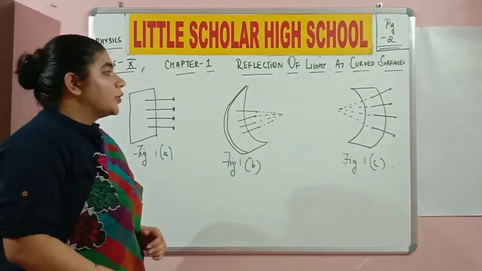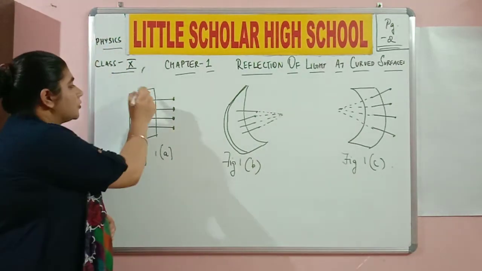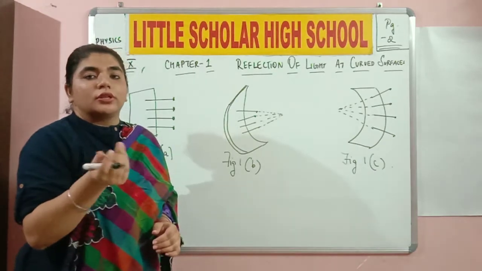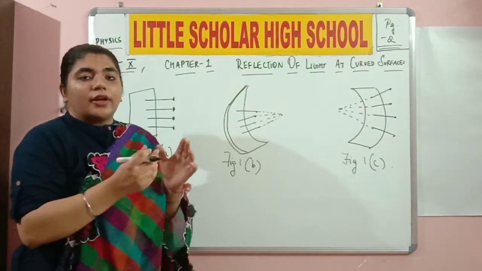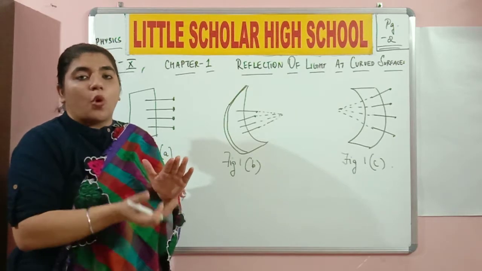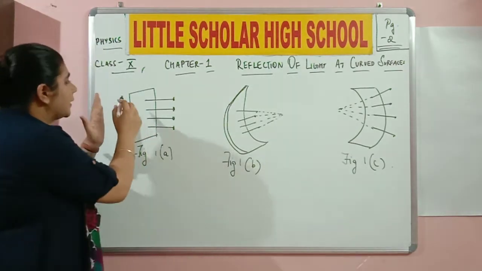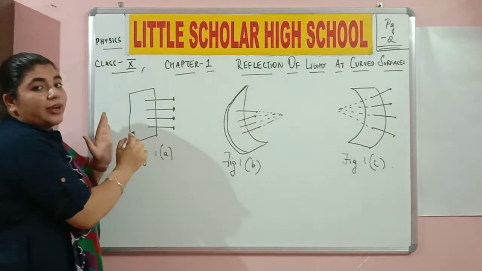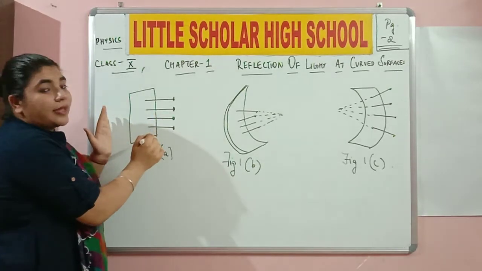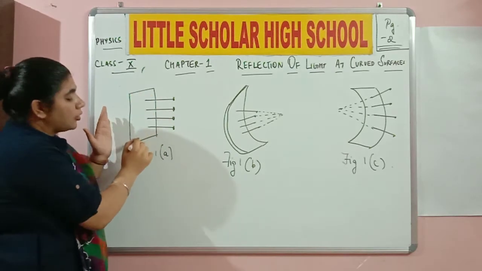Okay class, so here we are taking the sole of your footwear or the slipper that you wear. We are going to consider the sole of your slipper or a rubber foam, and cut it into this shape. And when I cut it into this shape, I am going to fix 4 nails so that they are perpendicular to the rubber foam.